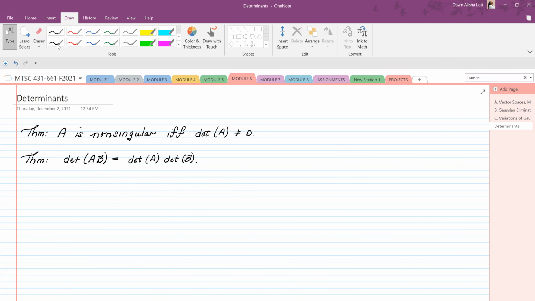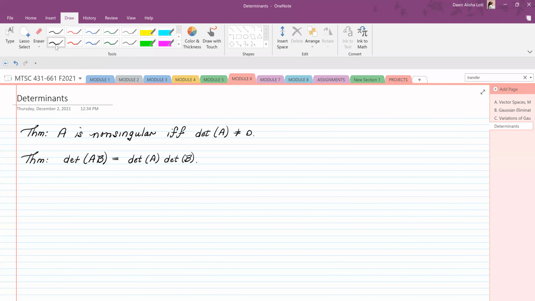I knew I didn't have enough space. Okay, give it a minute. It's fighting with Zoom. Usually if I click something else, it comes back. Nope, still fighting with Zoom.